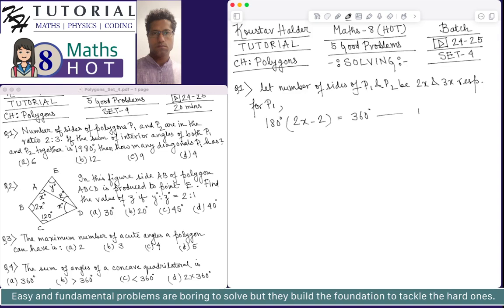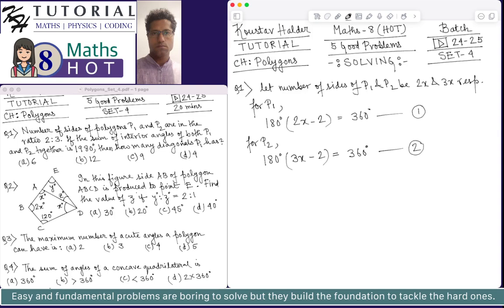Let this be equation 1. Again, for the polygon P2, applying the same concept, we can say that 180 degrees multiplied by 3x minus 2 will be equal to 360 degrees. Let this be equation 2.